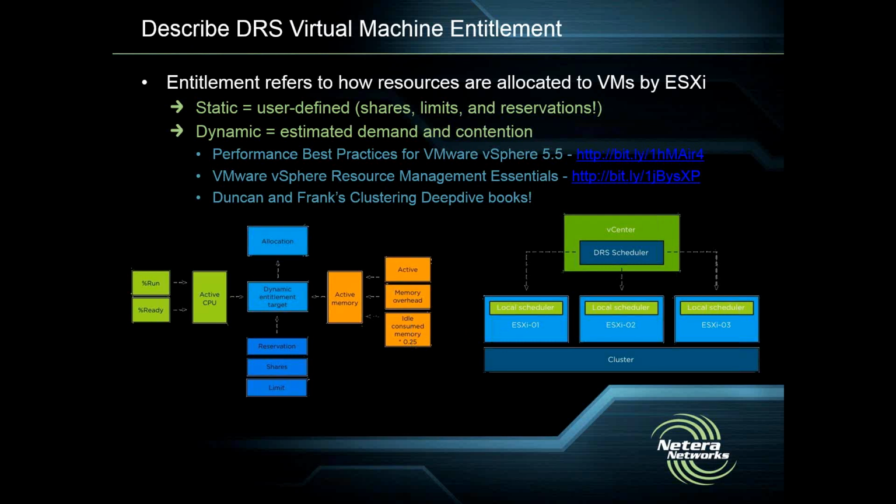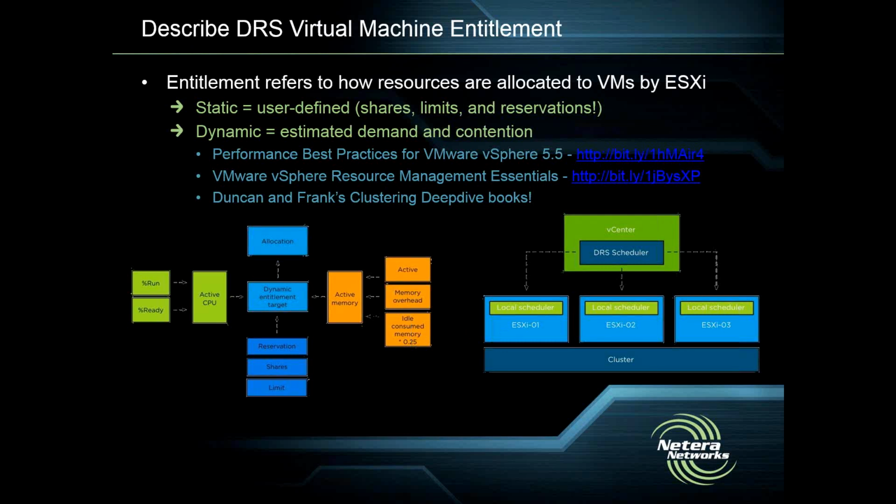So if you have 2 VMs running on the same host with no resource pools, you just create 2 VMs and use the default shares. Each VM is going to have a normal amount of shares, and during contention, those shares will come into play.